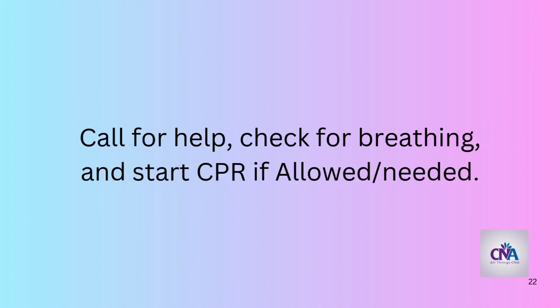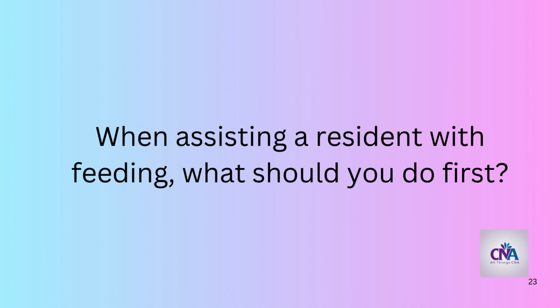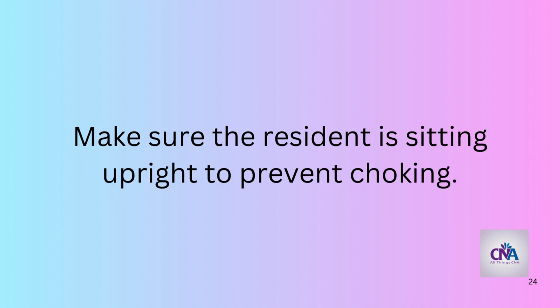Answer: Call for help, check for breathing, and start CPR if allowed/needed. Question: When assisting a resident with feeding, what should you do first? Answer: Make sure the resident is sitting upright to prevent choking.